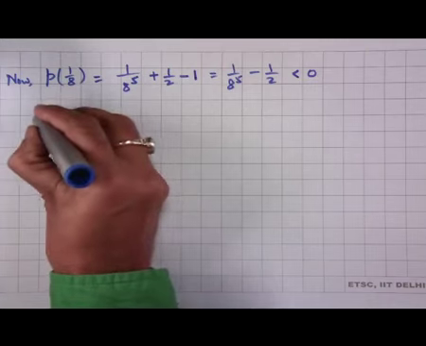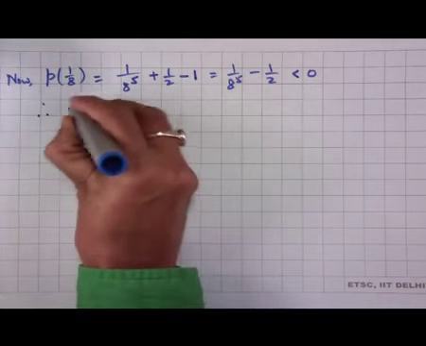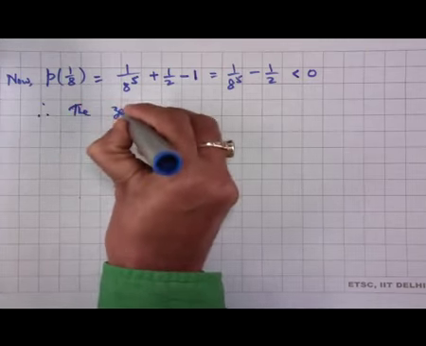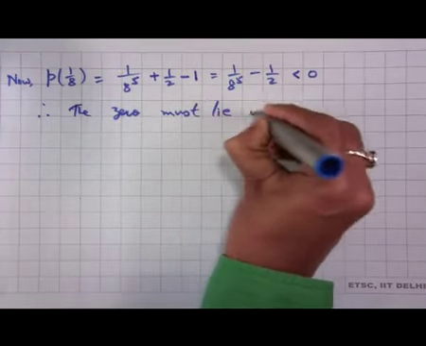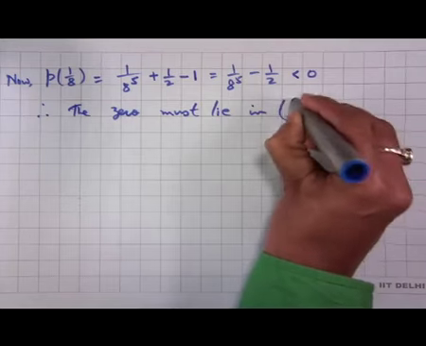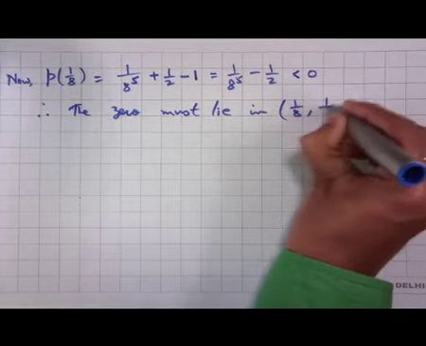So, therefore, the 0 must lie in the interval 1/8 to 1/4.